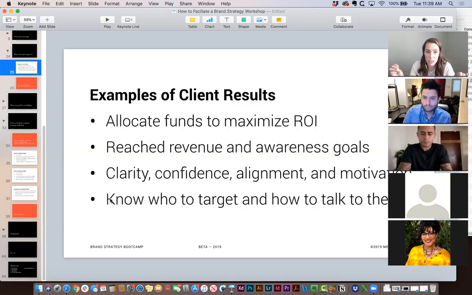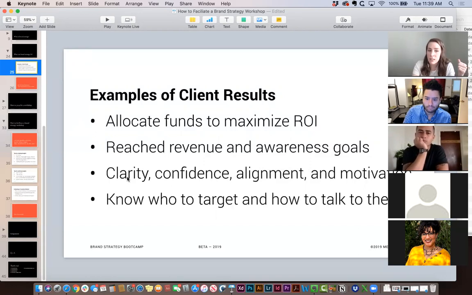The only thing I guarantee is a roadmap and a plan to quote unquote win the war. It's a strategy to win the war, right? It doesn't mean we're going to win it. There's no way I can guarantee that, but I can guarantee the best possible plan to get there. And then we will check in later to see if that worked. But at least now with brand strategy, I can help my clients allocate their funds accordingly, what makes the most sense. And then we can test that to see, does that actually work, and come back to it later.